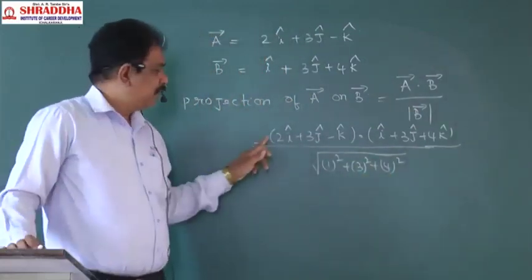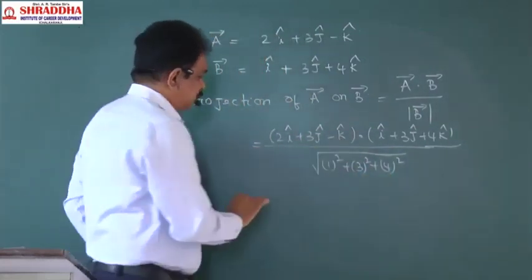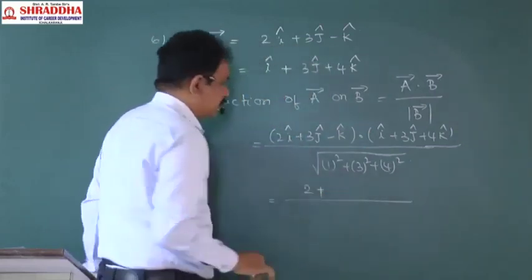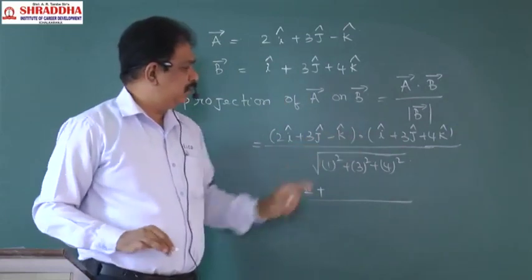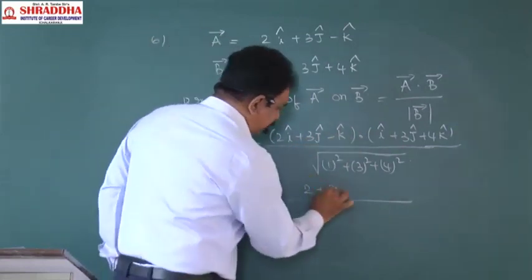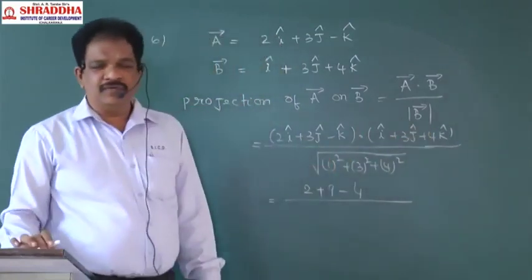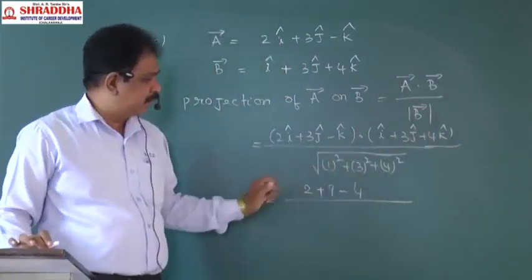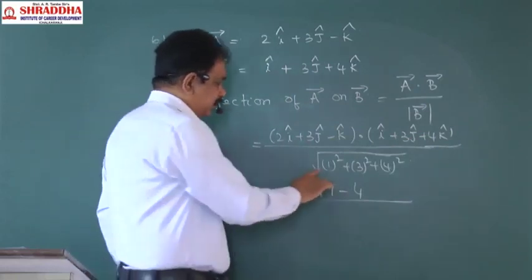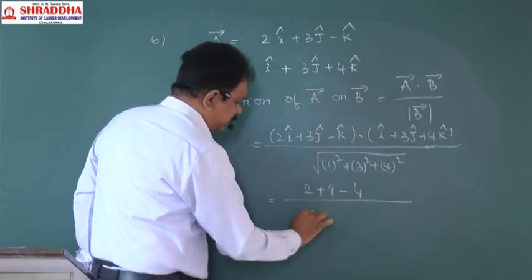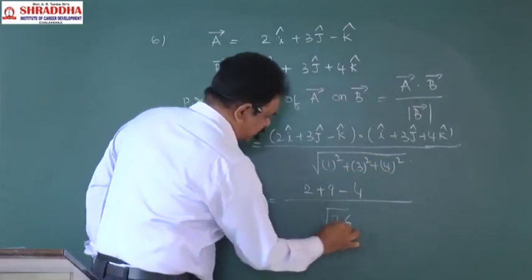Okay. Then 2 into 1, this value will be 2. 3 into 3, this value will be 9. Minus 1 into 4, that will be minus 4. By this is 1 plus 9, 10. 10 plus 16, root 26.